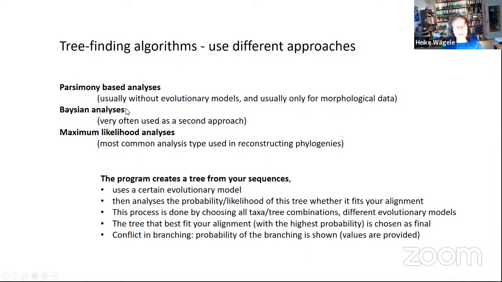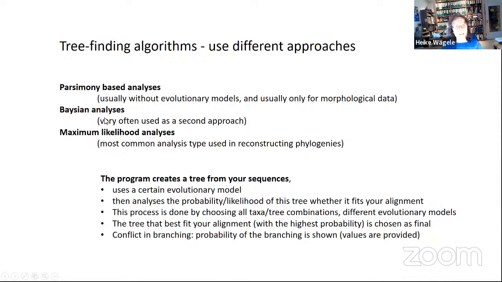The Bayesian analysis is a completely different situation. Here, the algorithm is actually forming different trees all the time, as far as I remember, because these are really complicated mathematical models. There's a lot of informatics behind that. They also use different kinds of alignments they create by themselves, and always with a tree go back to your alignment and see how well the artificial alignment fits your alignment, and whether this tree might be correct.